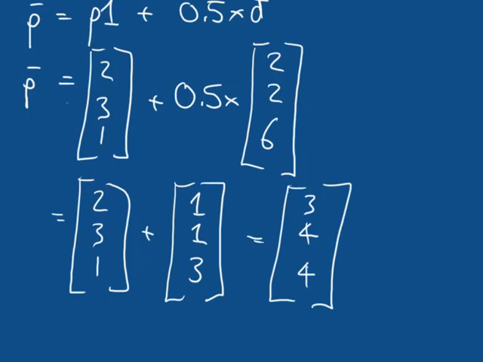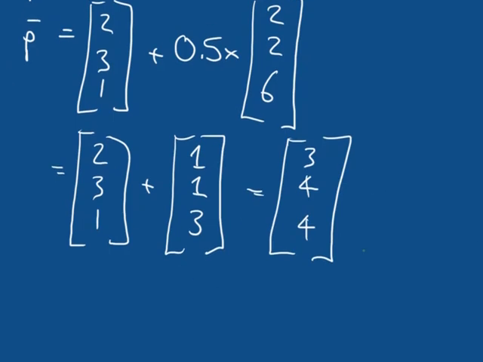So p, the position vector p, is equal to 3, 4, 4. Therefore, the point p is equal to 3, 4, 4, because we start at the origin, p is a position vector, and we travel 3 in x, 4 in y, 4 in z, so that means we're going to end up at the point 3, 4, 4.